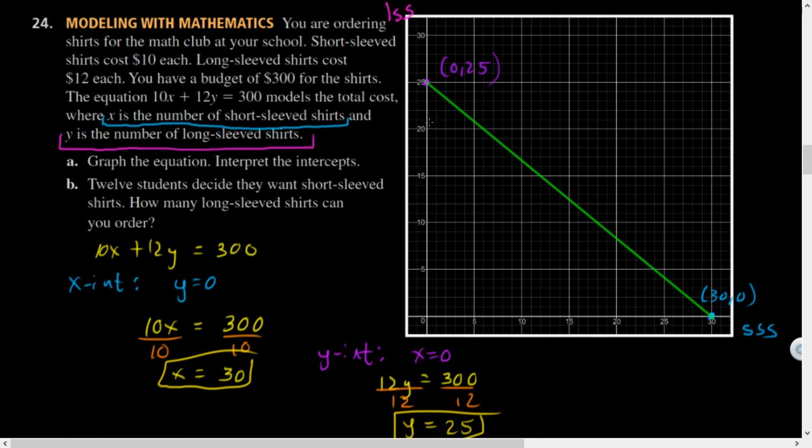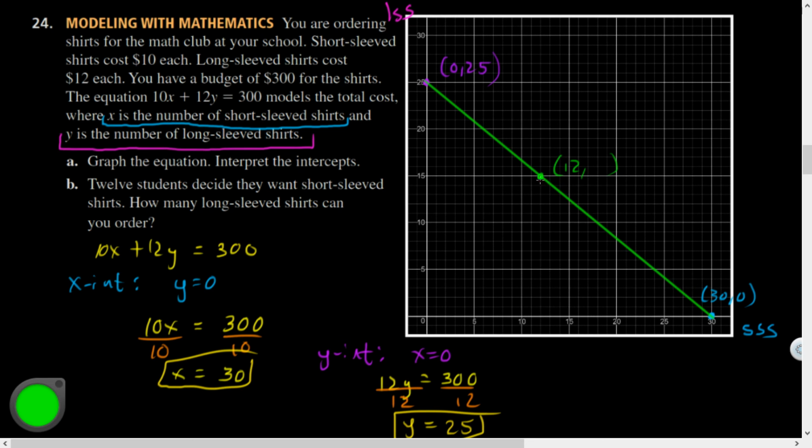So anyways, they then asked me to find different amounts of shirts that can be ordered. They said 12 students decide they want short sleeve shirts. So if I go over to 12 and I go up to my graph, how many long sleeve shirts can I buy? Over 12.